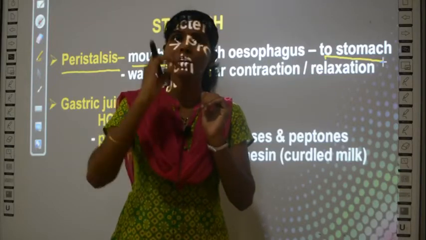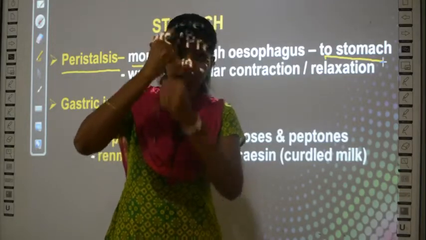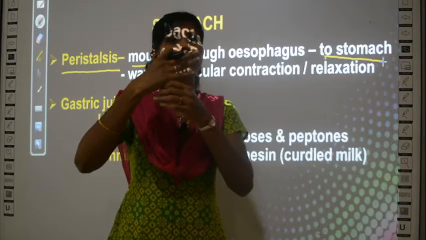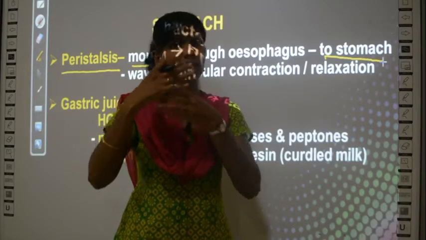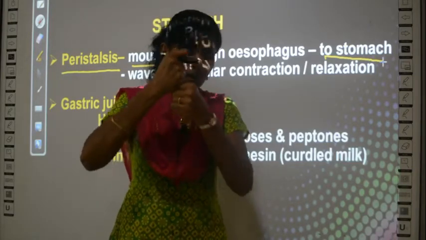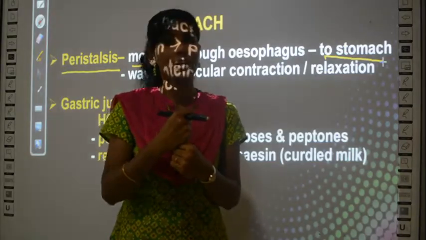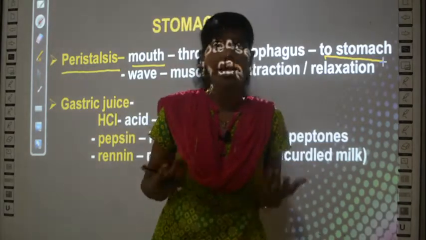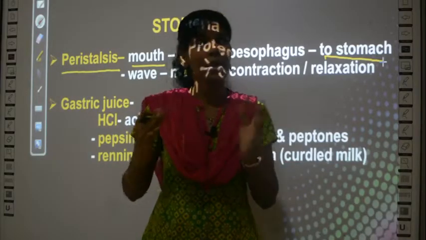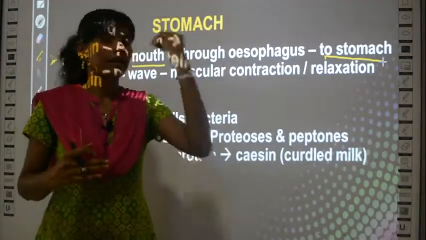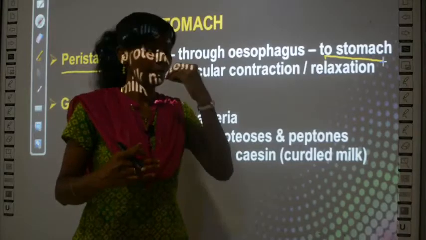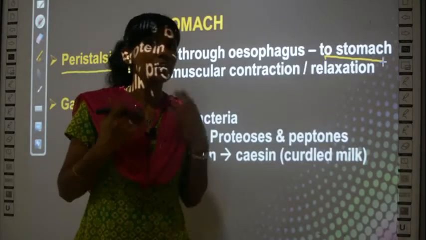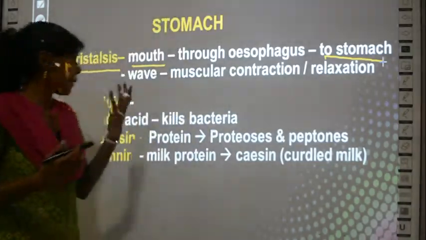When they contract, they push the food a little down. When they relax, the food stays there. Again when they contract, they push it further down. By this repeated alternate contraction and relaxation, the food passes from the mouth to the stomach. This movement is called peristalsis.